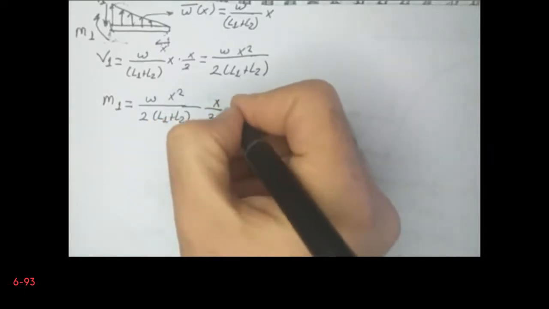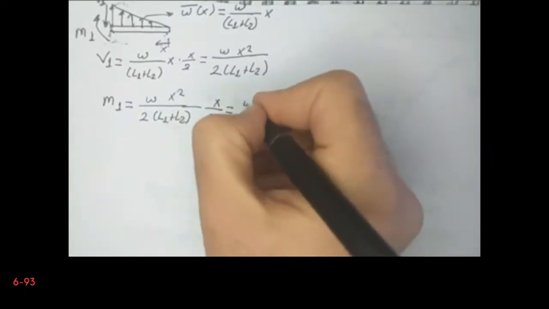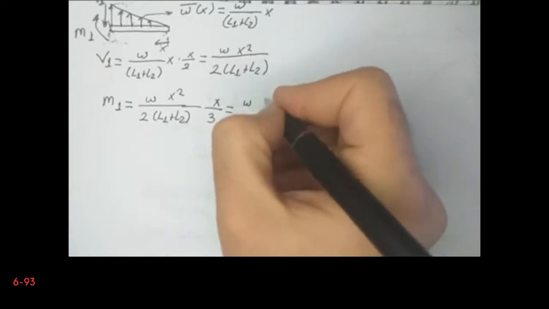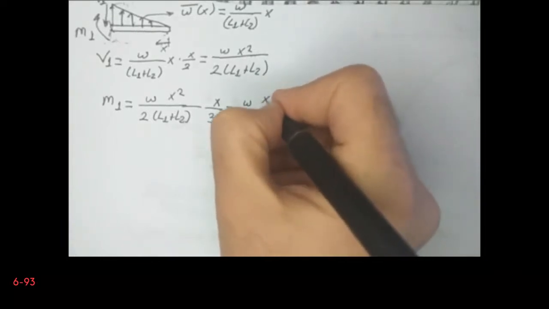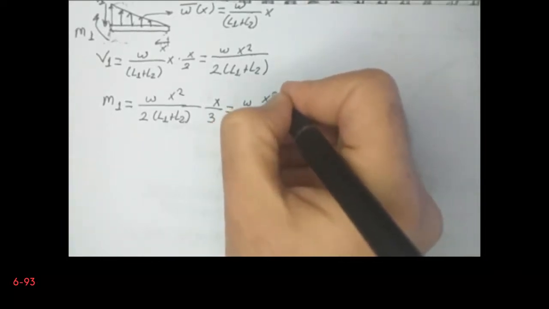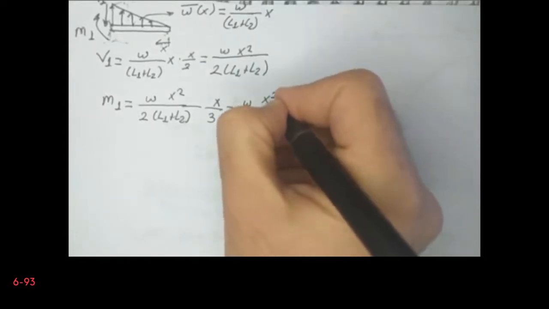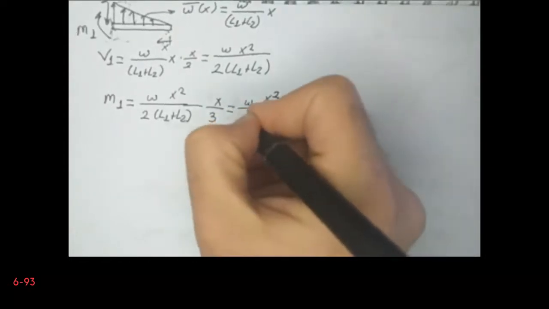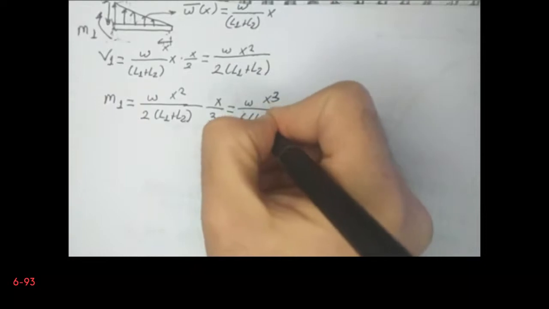So X divided by 3. From here you can find the bending moment in the first region, W X cubed divided by 6 times L1 plus L2. So this is the first expression for the bending moment distribution.